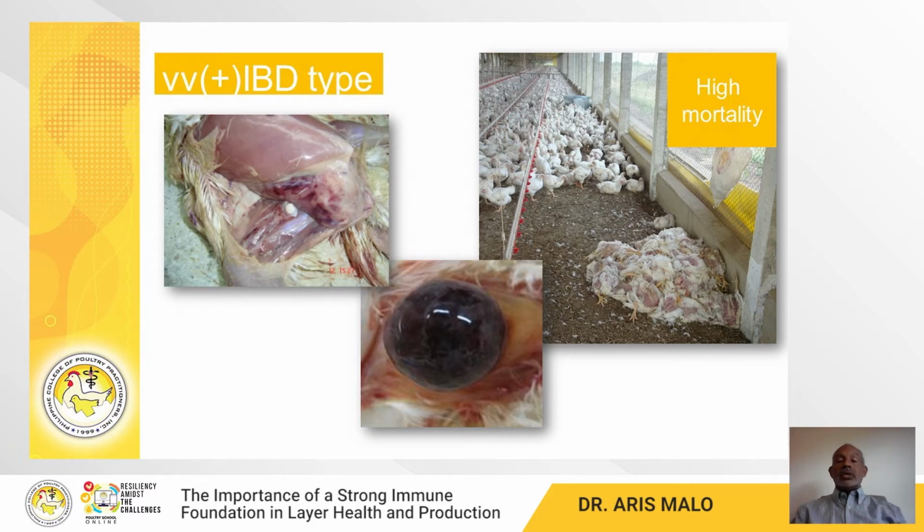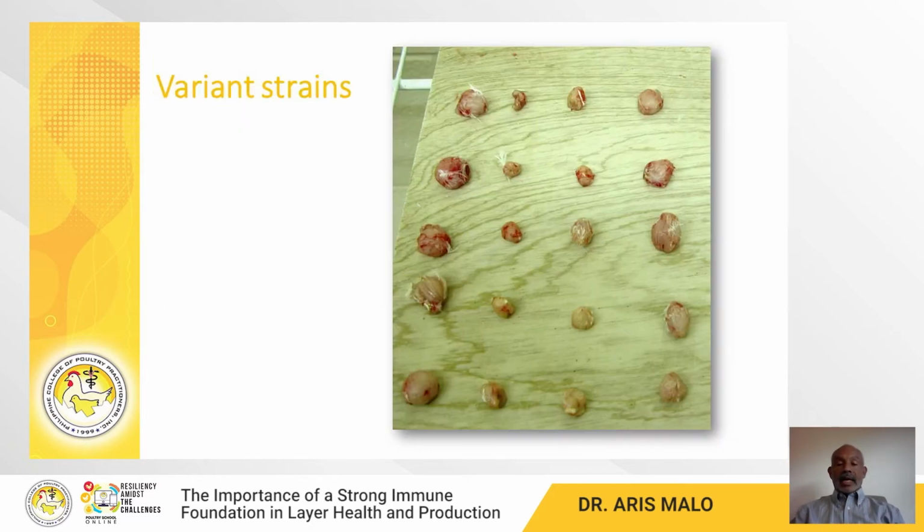Once again, this will be more severe in layer type birds than in meat birds. And as I mentioned, with the variant strains, what we will see will be a smaller bursa and no mortality or any other kind of lesions.